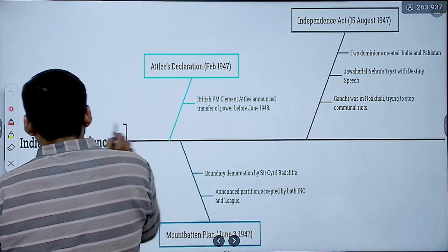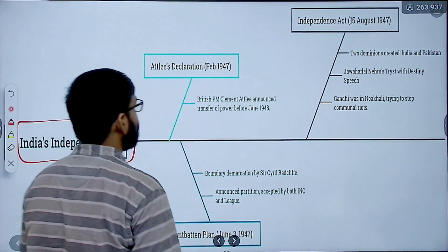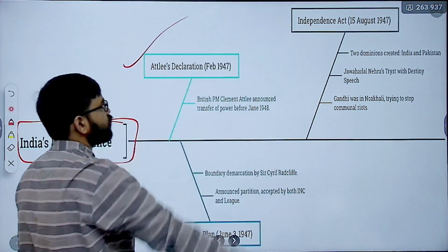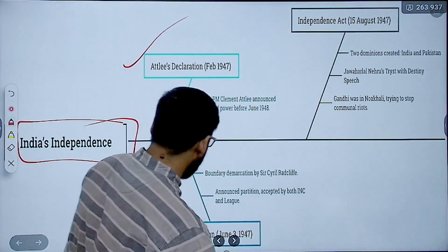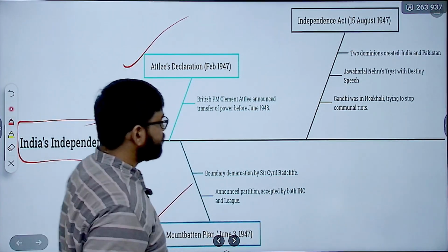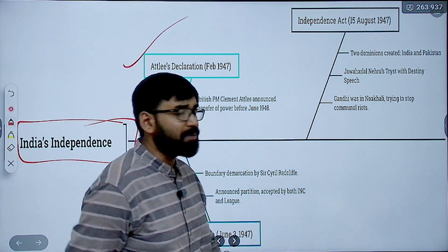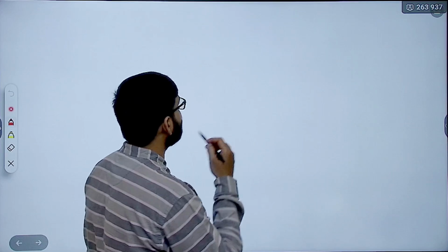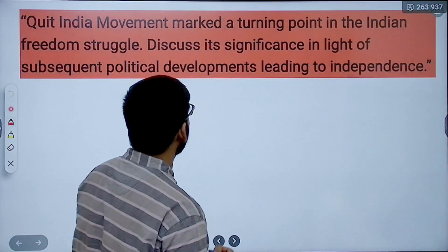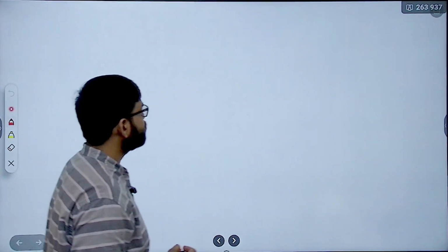Now, India's independence. What are the important events? Attlee's Declaration of February 1947, then the Mountbatten Plan and the Indian Independence Act. First, we will talk about the Attlee Declaration. So let's try to understand the Attlee Declaration.